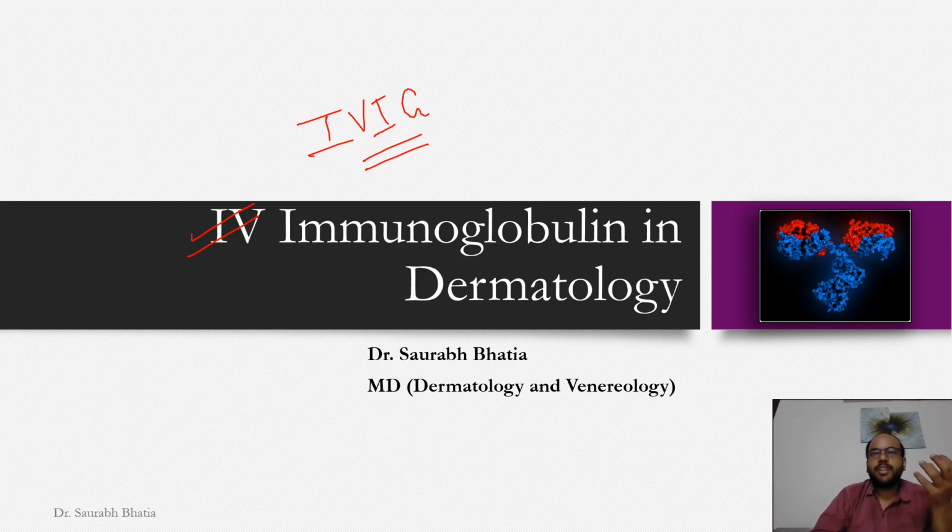So what essentially IVIg is, it is pooled plasma, or you could say blood is collected from a lot of individuals, and immunoglobulins are extracted predominantly. The IgG immunoglobulin is extracted and collected to form a concentrated solution. That is what IVIg is, and the potential use of IVIg in dermatology is majorly in autoimmune or immune-based disorders.